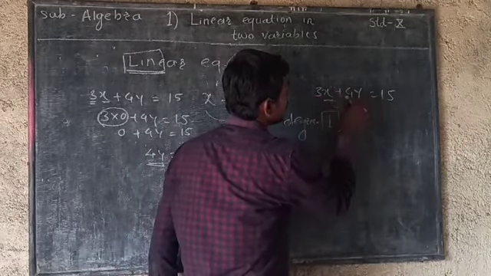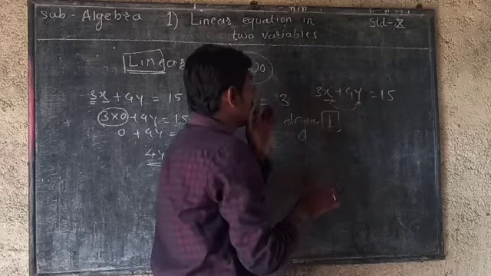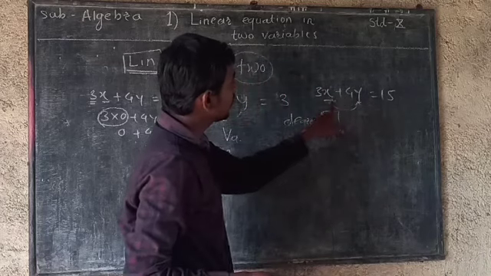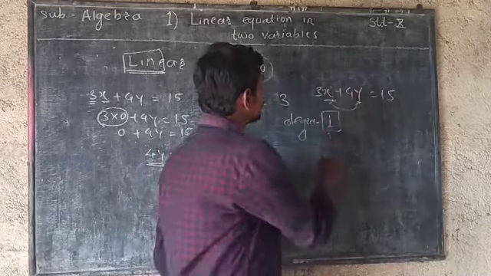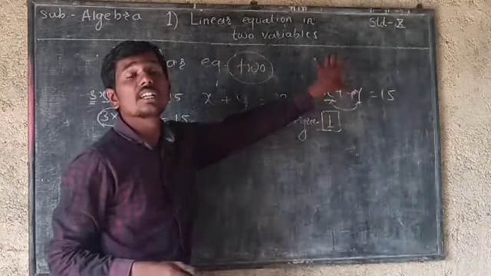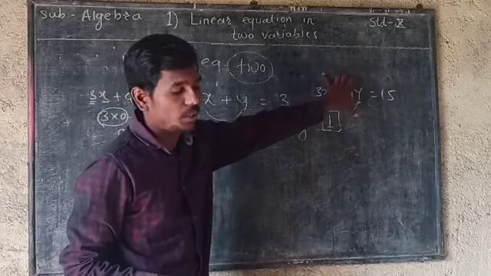There are two variables, right? And the degree, the index of x is 1, y is also 1, the degree is 1. So therefore this is a linear equation in two variables, right?